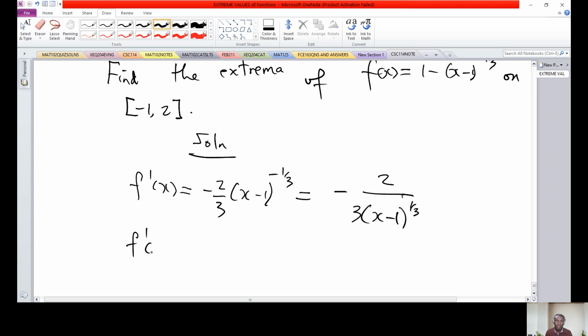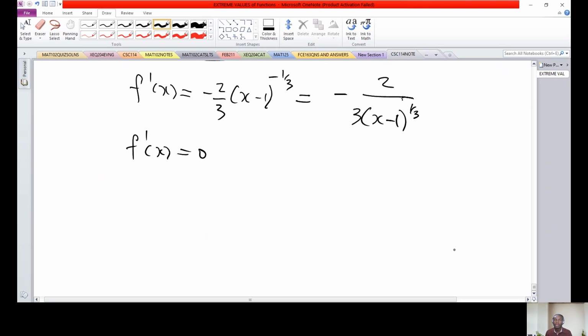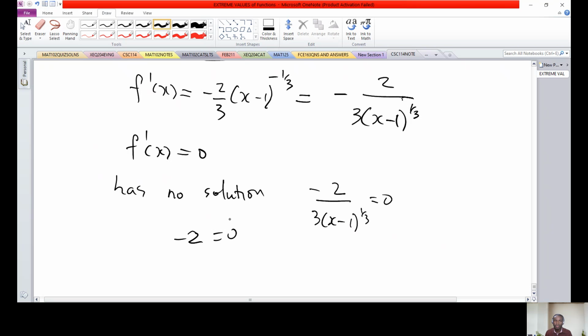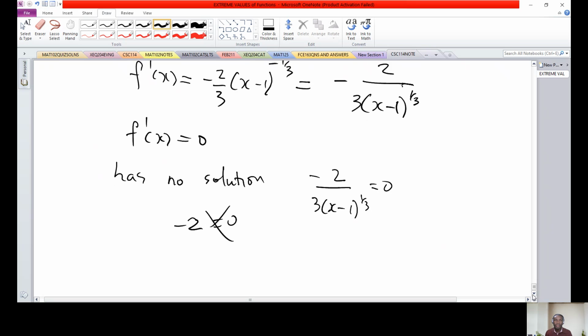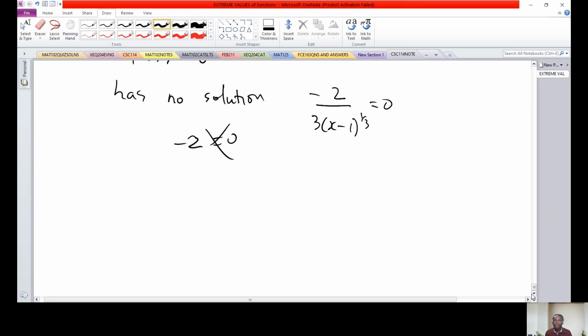And then critical points are obtained by setting the derivative of the function equal to 0. And then this has no solution, since we'll have 3x minus 1 equals 0 implies minus 2 equals 0. This doesn't make sense. So f prime of x equals 0 has no solution, because f prime of x is never 0.